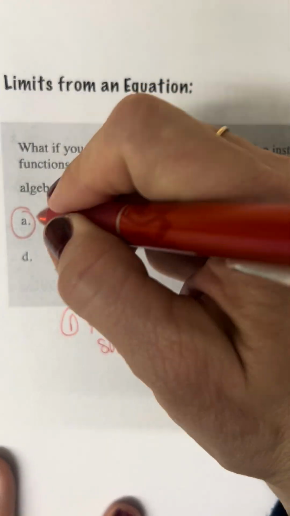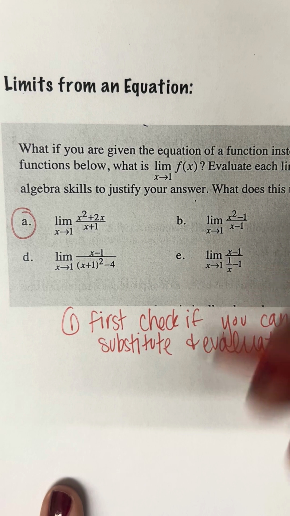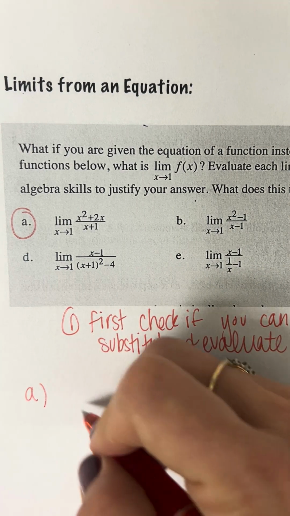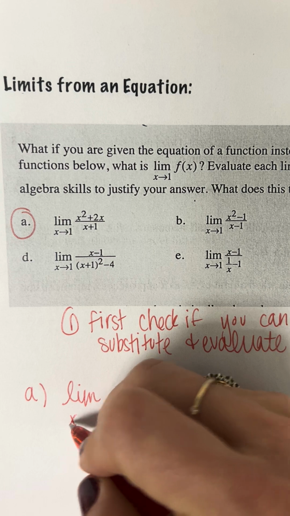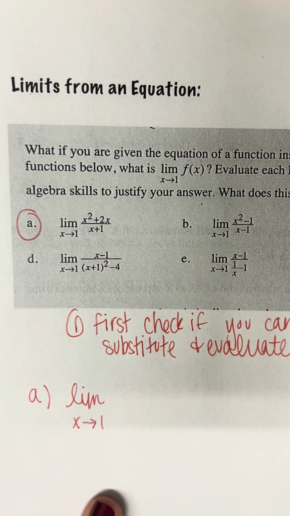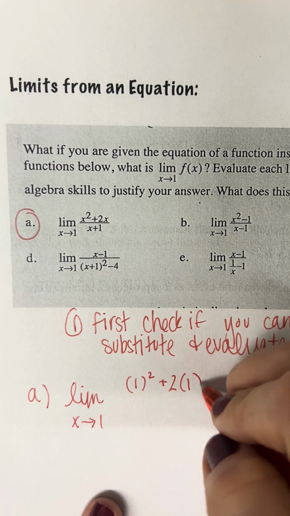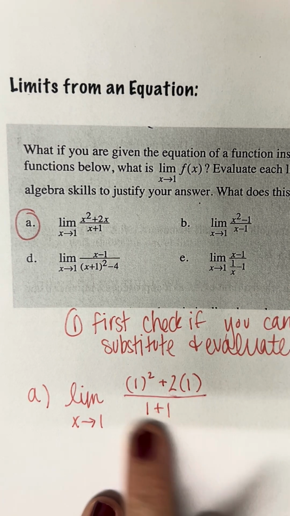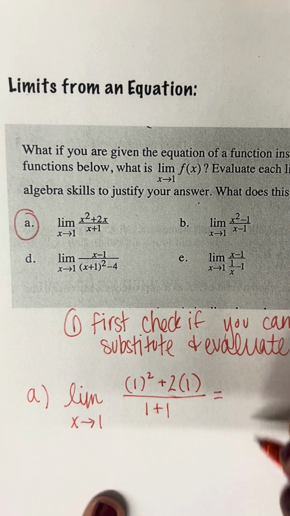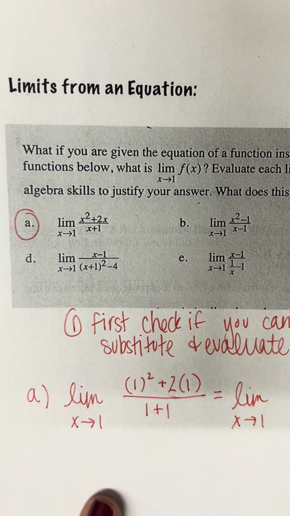But if we can't, we have to maybe manipulate. So let's try letter A here. So can I just directly plug in 1? Let's check. So x approaches 1, and I'm just going to try plugging 1 in here and see what happens. Ooh, yeah, looks good so far, right? Because I'm not going to get 0 in the denominator, so that feels good. Make sure you recopy the limit every time.